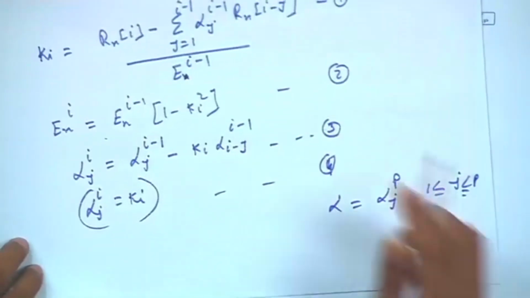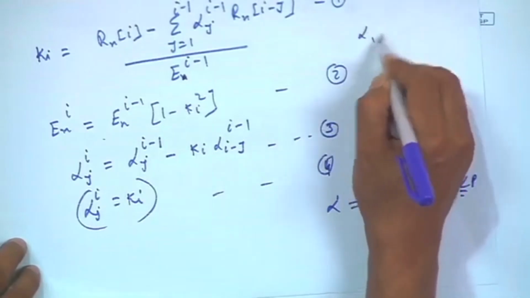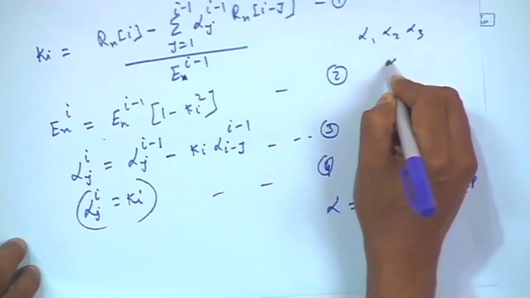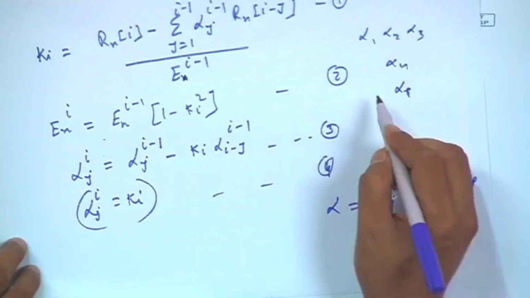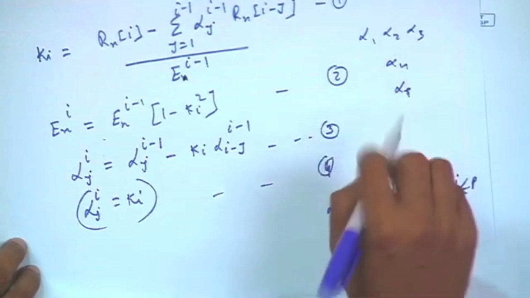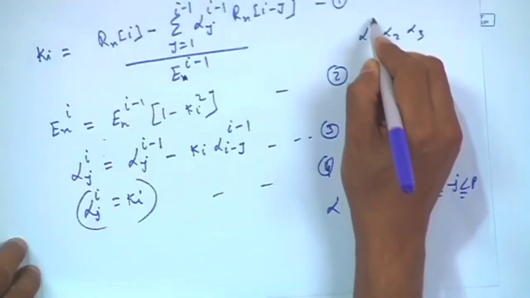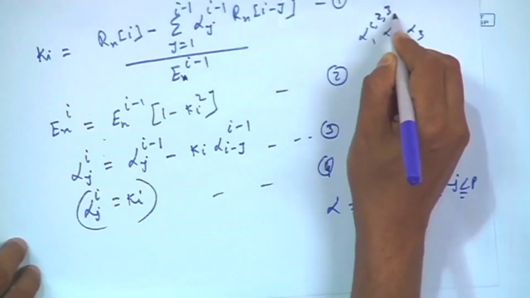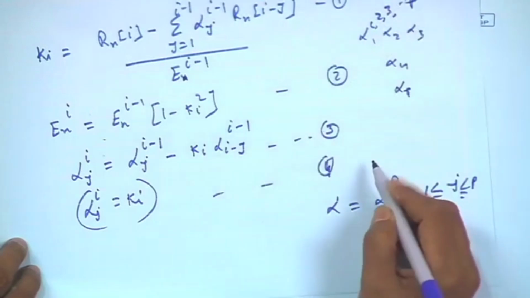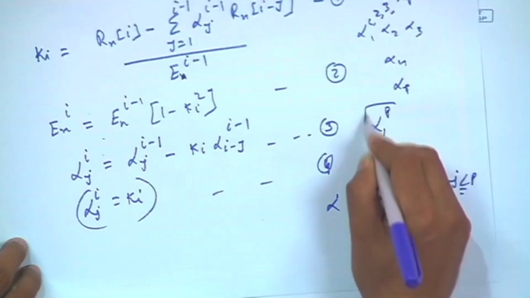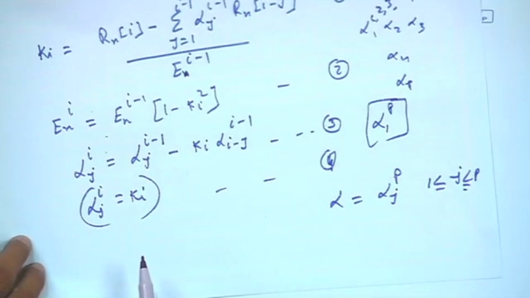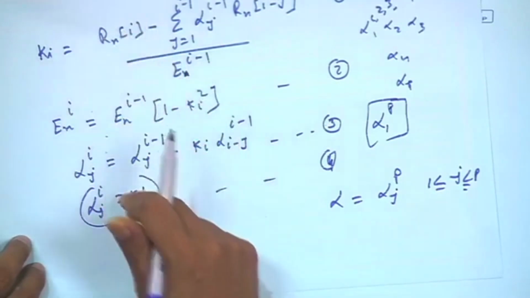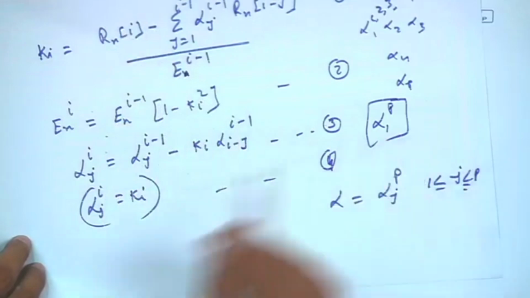So, what I want is a set of alphas, alpha 1, alpha 2, alpha 3, alpha 4, alpha p, but that set of alpha values can be extracted in an iterative manner, alpha 1 1, alpha 1 2, alpha 1 3 to alpha 1 p. So, alpha 1 p is my final answer. Using these 4 equations, I can do this.